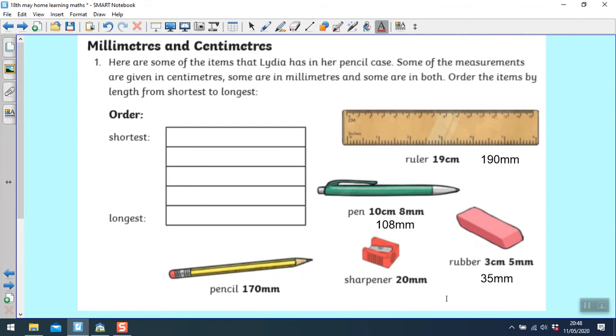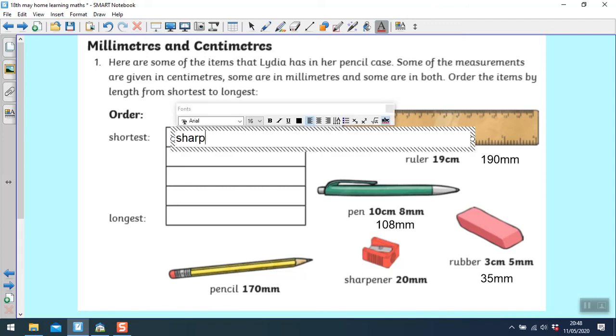Now let's put them in order from shortest to longest. So we've got 190, 108, 20, 35 and 170. So 20 is the shortest. It says order the items. I'm going to put sharpener.